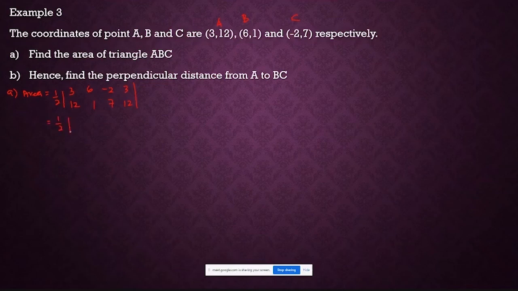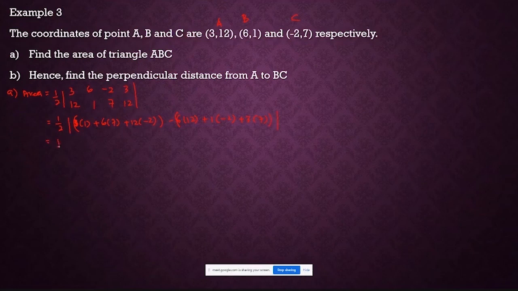So now find the area. In the first part, we multiply 3 times 1 plus 6 times 7 plus (-2) times 12. Okay, minus 6 times 12 plus 1 times negative 2 plus (-2) times 3.